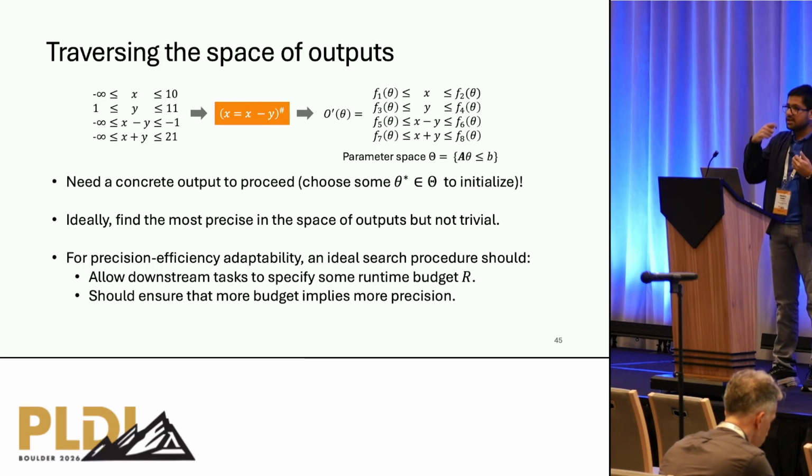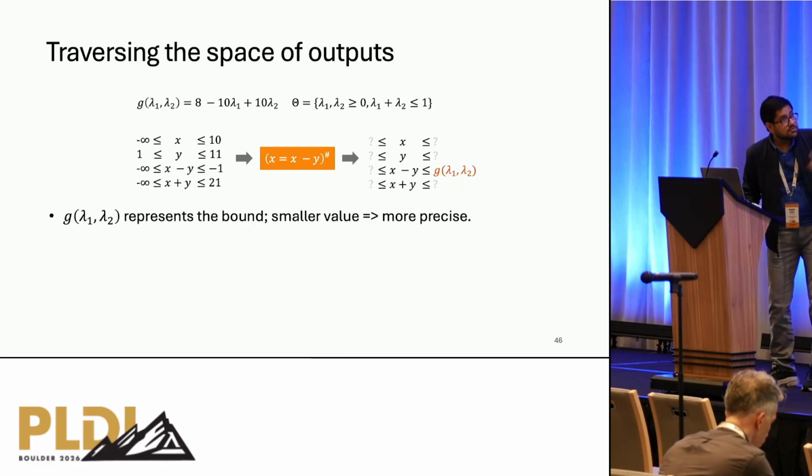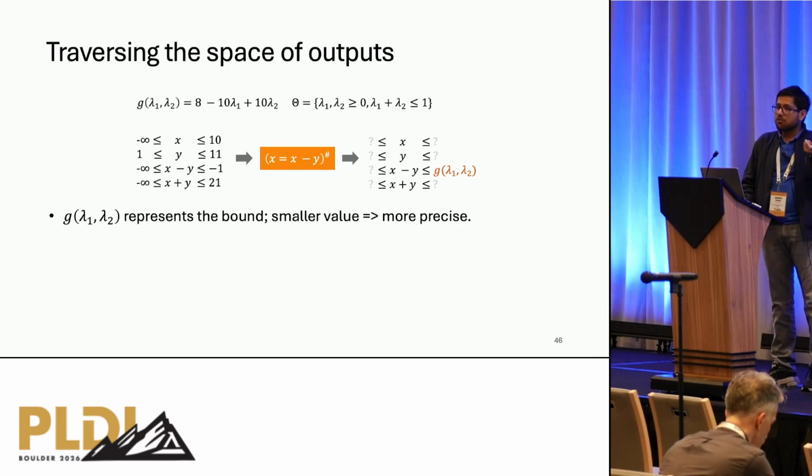But here, we instead need some search procedure in which the task can give us some search budget, for instance, R. The search procedure should be such that if we have more budget, then ideally we get more precise answers. As we saw in our example, we don't get a bound, but we instead get this parametric bound function. And the smaller the value, the more precise the bound gets.